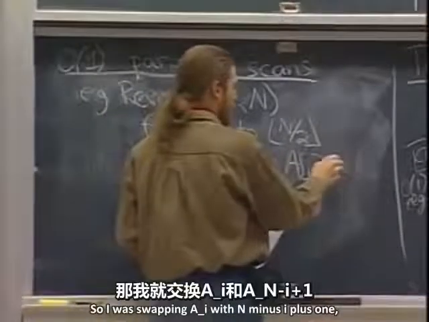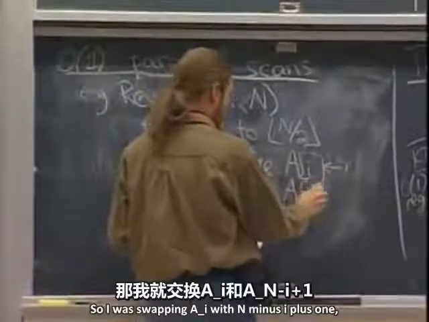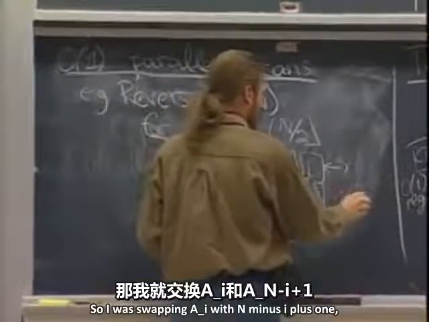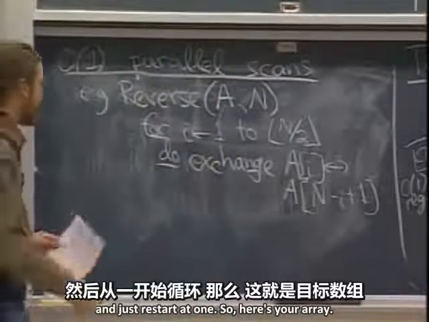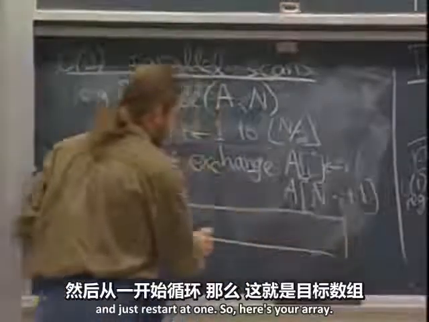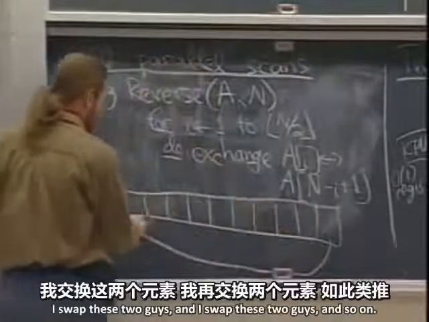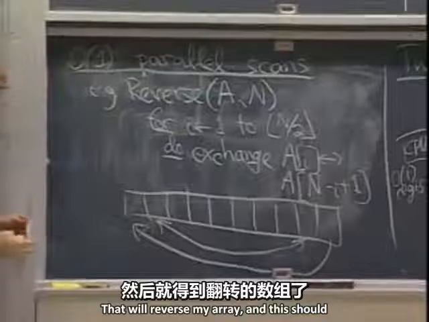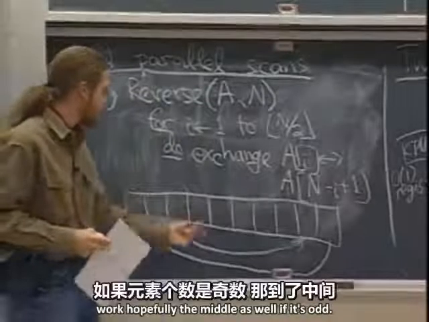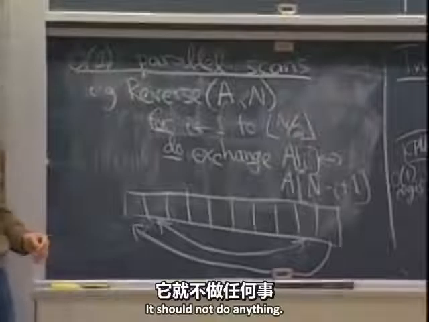So we're swapping A_i with A_(n minus i plus 1), if we start at 1. So here's your array. Suppose this is actually my array. I swap these 2 guys, and I swap these 2 guys, and so on. That will reverse my array. And this should work hopefully in the middle as well if it's odd. Should not do anything.